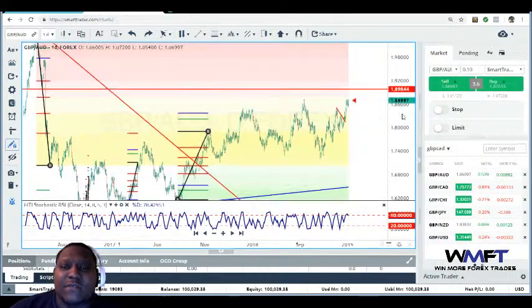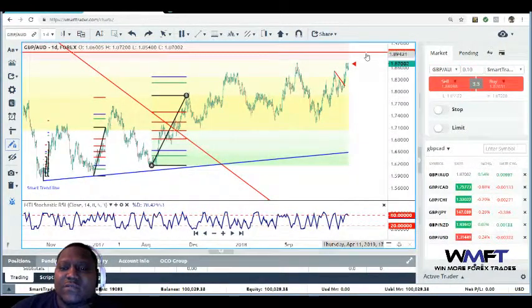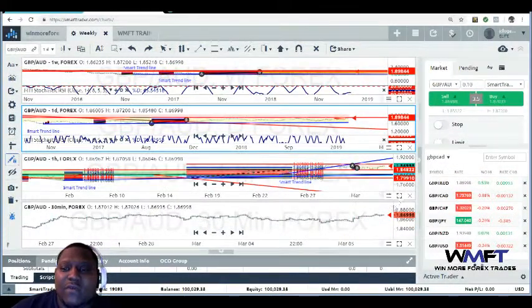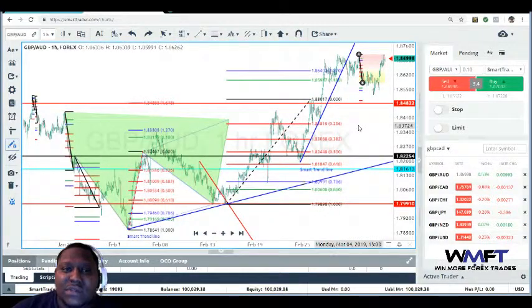And at the moment it looks like we were going to buy up until the 1618 day extension, which is not that far away. But that daily stochastic is in the overbought zone. But let's see here.